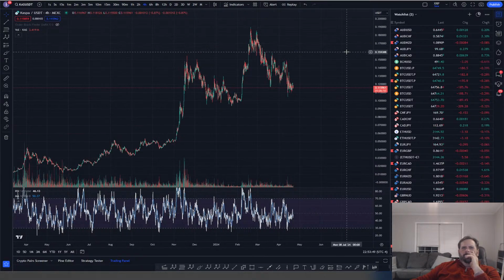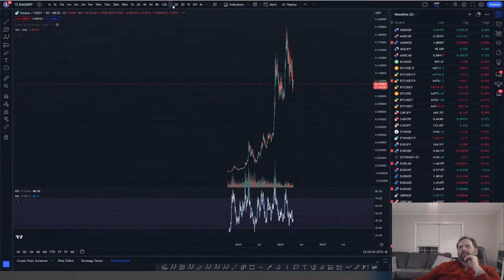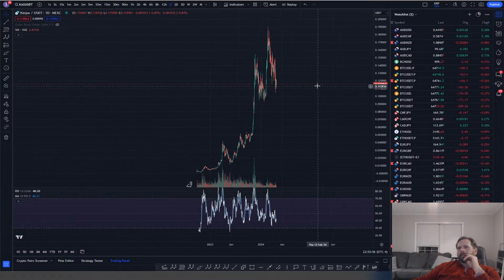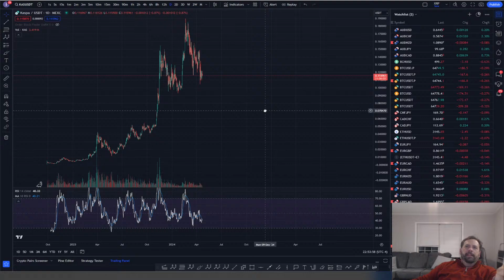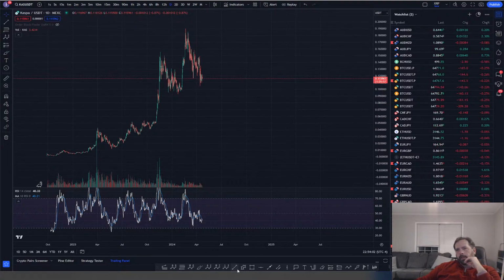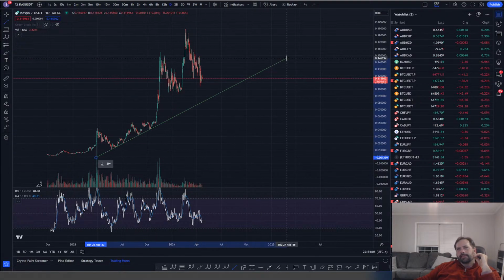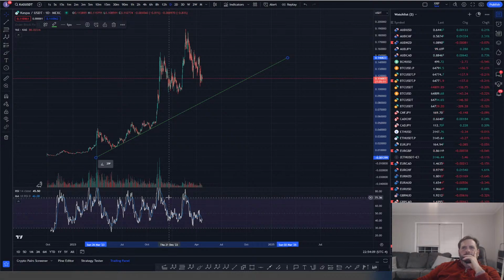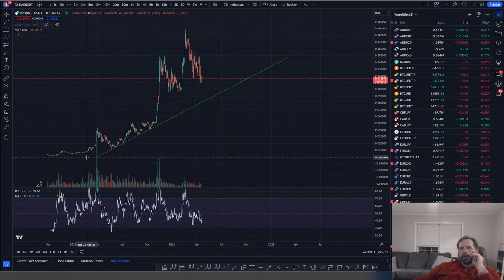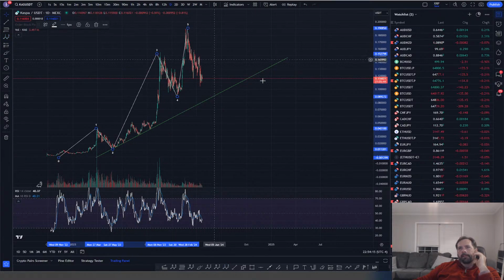All right. I mean, I look at that and I say that looks bearish to me. Now, let's see if that trend line holds. Overall, I see 5 waves. I got 1, 2, I got 3, 4, and 5.